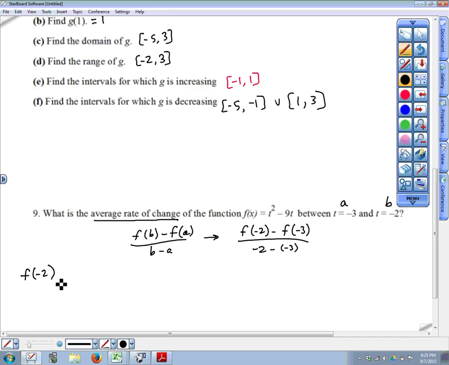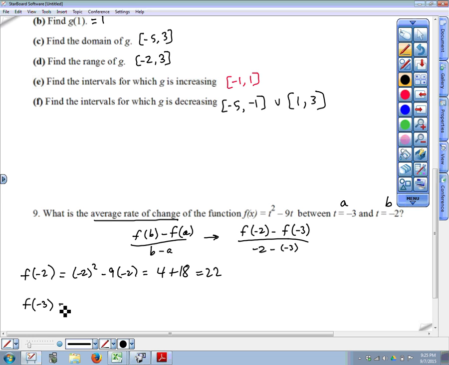So f of -2, I'm going to do these separately, and then f of -3. Let's start with f of -2. If I plug a -2 into the f function, it's going to be -2 squared minus 9 times -2. -2 squared is 4. -9 times -2 is 18, so that equals 22.